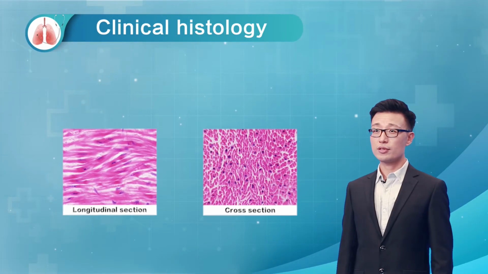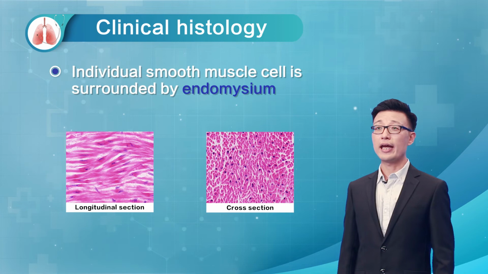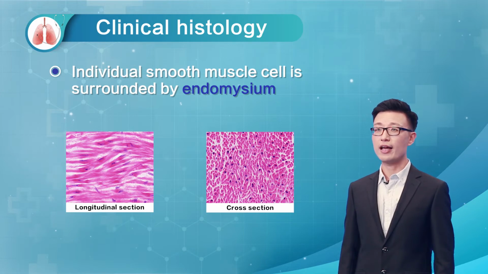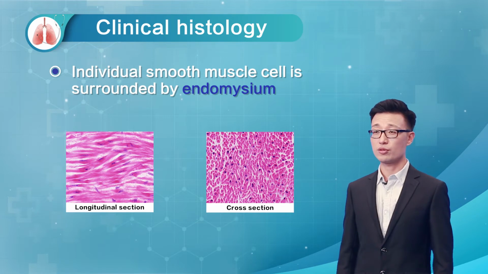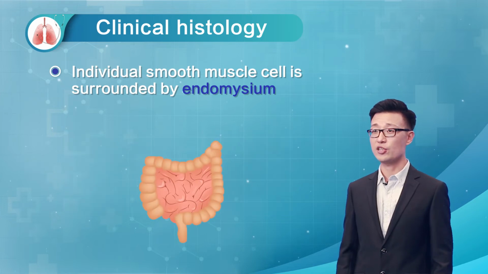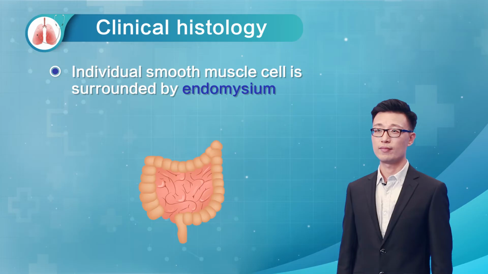Each individual smooth muscle cell is surrounded by endomysium, which, along with other connective tissues, holds the cells together and combines the contractile force produced by many smooth muscle cells to generate a coordinated action, such as intestinal peristalsis.